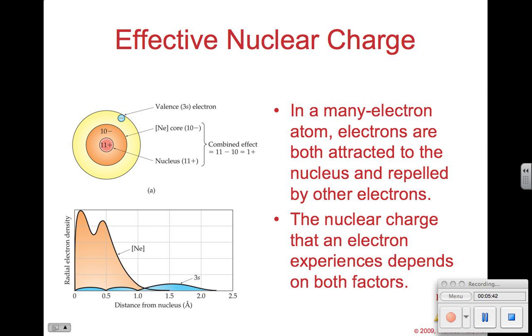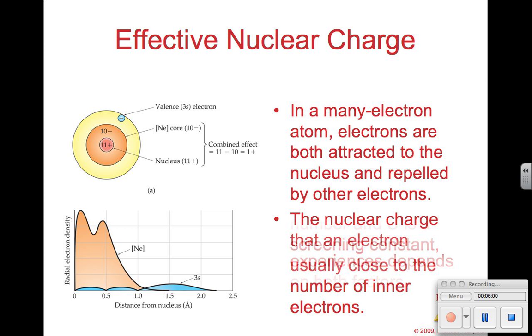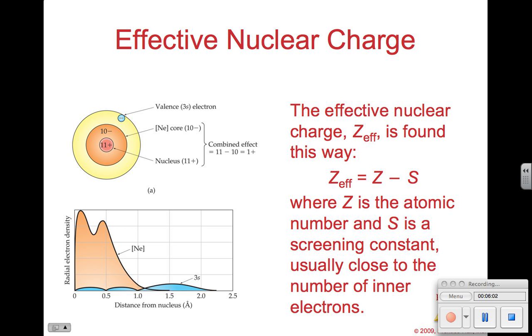So when we go to calculate what is called the nuclear charge, we're basically looking at those two factors: how the inner electrons shield or impact the outer electrons' attraction to the nucleus. That's the effective nuclear charge, or Zeff. It's found by taking Z minus S, where Z is the atomic number.